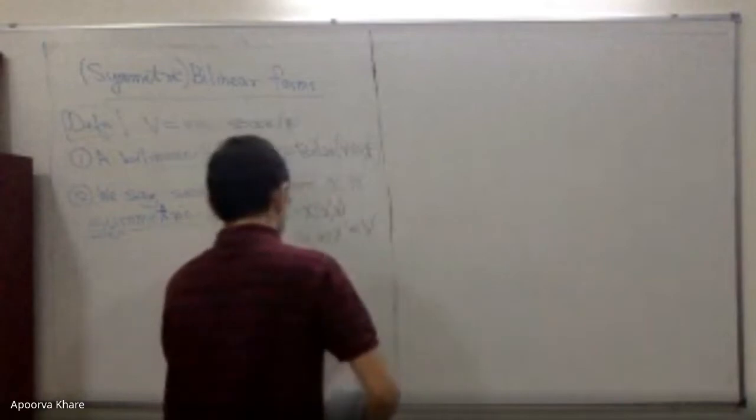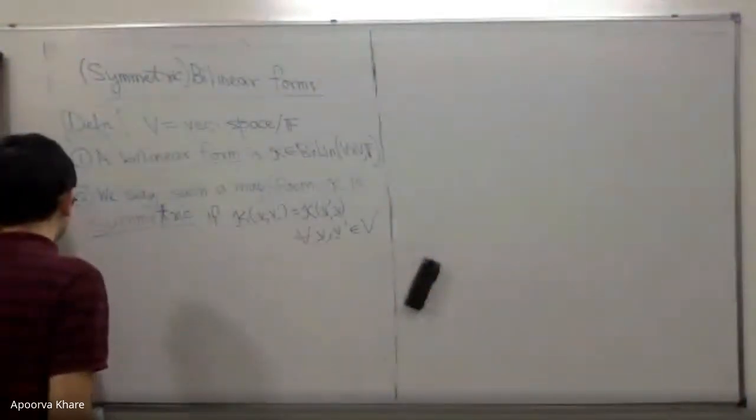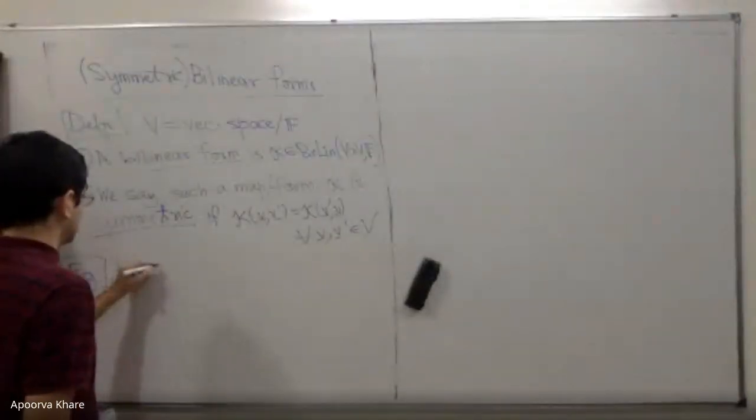And so first let's start with examples. So example, let's say over any field, V is F to the n.